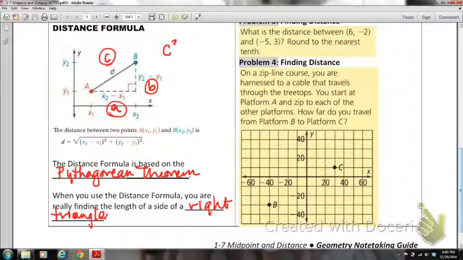So if we look at this in terms of the Pythagorean theorem, it says that c squared is equal to a squared plus b squared. Here in this diagram, our c is actually d, which is the distance we're trying to find.